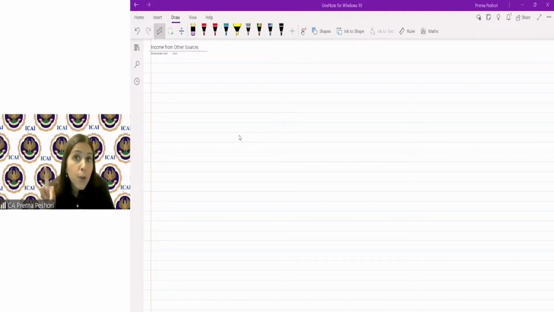So you cannot claim 54F and 54EC together. 54F is for other than residential property. 54, the eligible asset is the residential house property. So how can you claim together? You can claim 54 and 54EC because both of them are on the residential house property.